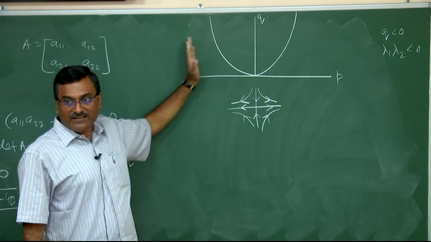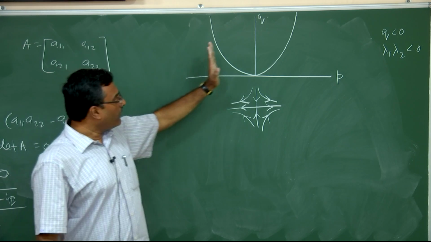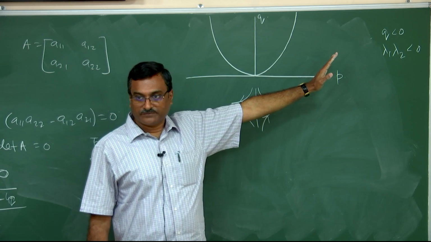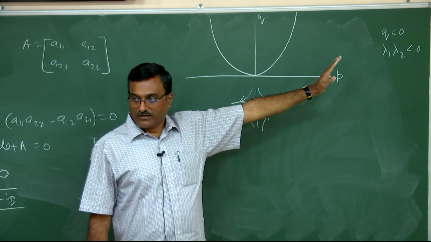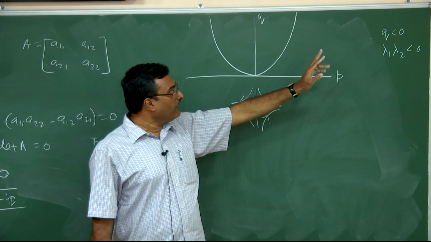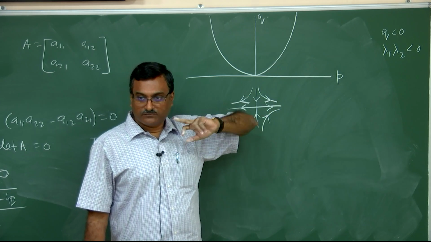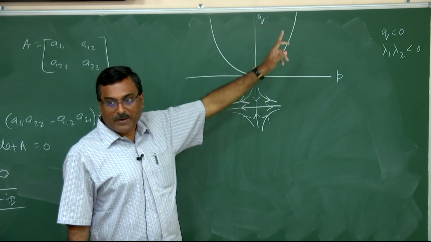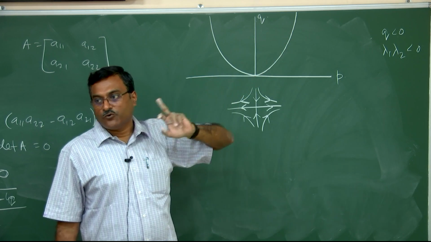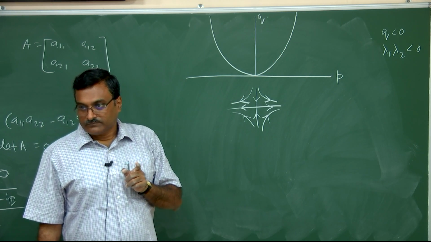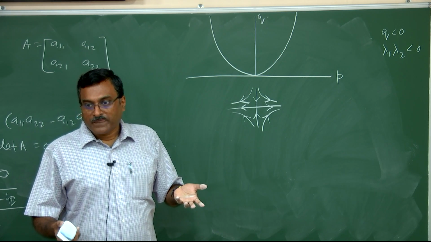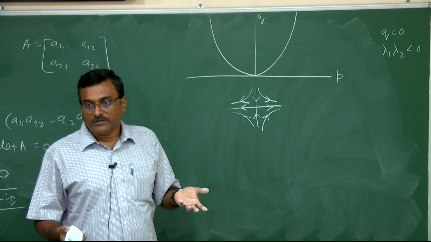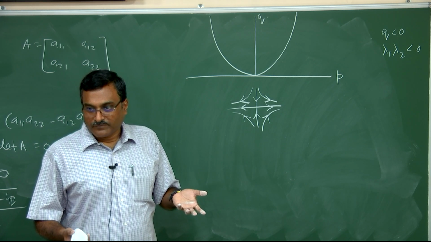So on this side it is stable, on that side it is unstable, correct? Now first of all you can convince yourself that inside the parabola, p square minus 4q is negative, and outside the parabola p square minus 4q is positive, right?